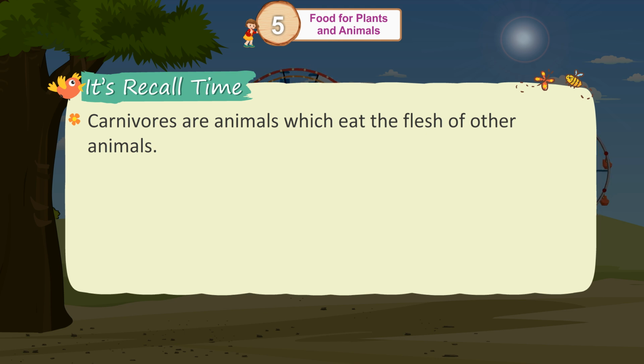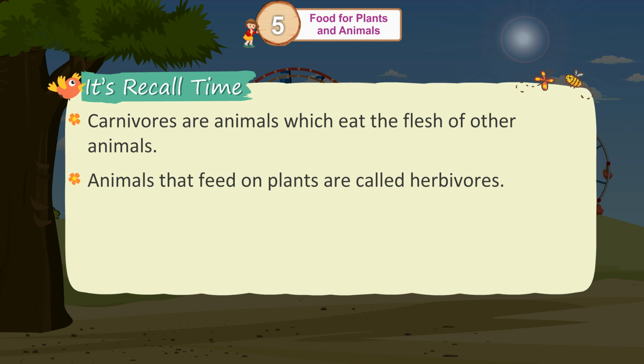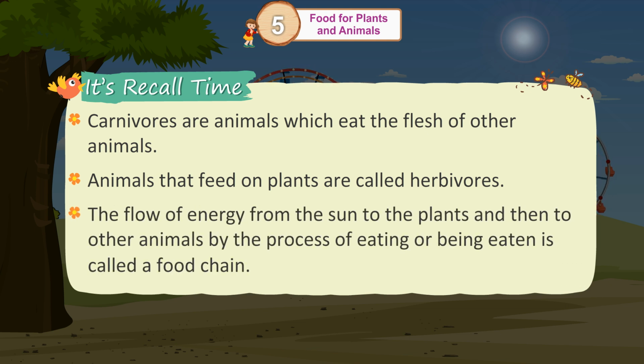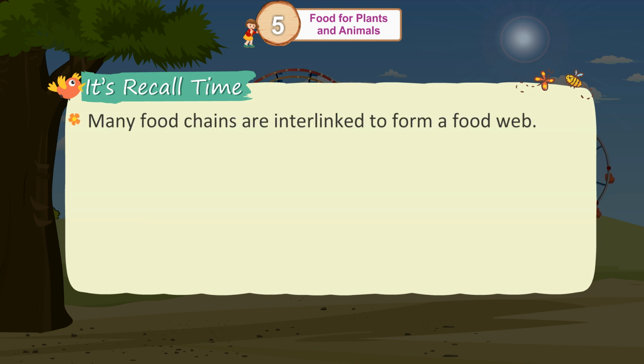Carnivores are animals which eat the flesh of other animals. Animals that feed on plants are called herbivores. The flow of energy from the sun to the plants and then to other animals by the process of eating or being eaten is called a food chain. Many food chains are interlinked to form a food web.